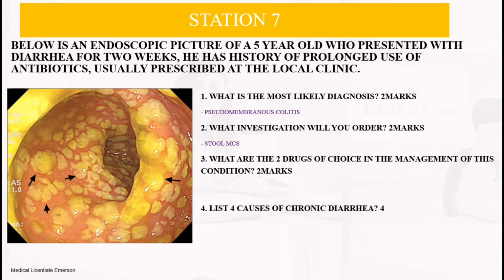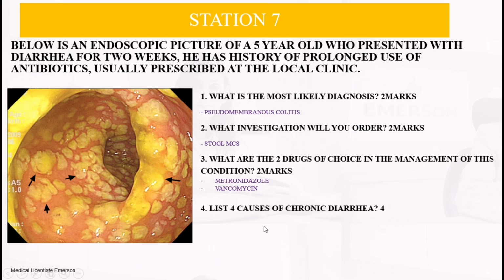Then what are the two drugs of choice? We have metronidazole and vancomycin. Of course, there are others, but these are the most likely drugs, especially given availability in our setup. These are the two drugs of choice in the management of this condition.